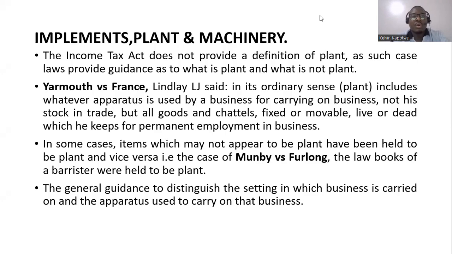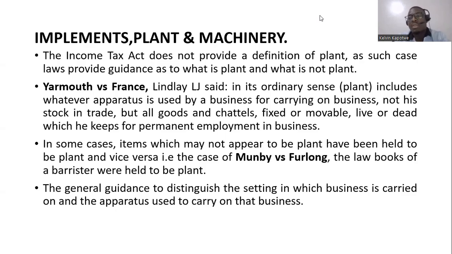So in the case of Yarmouth versus France, Lindley LJ said, it is, in its ordinary sense, plant includes whatever apparatus is used by a business for carrying on business, not his stock in trade, but all goods and chattels, fixed or movable, live or dead, which he keeps for permanent employment in business. So that is according to Yarmouth and France. So that is how it defines a plant.